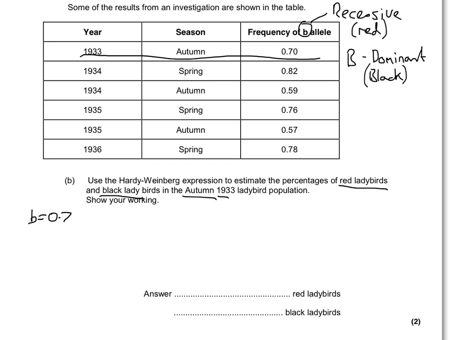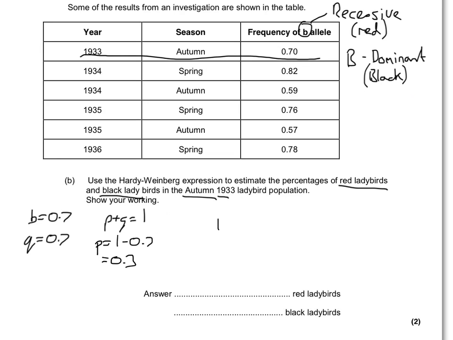That must be q, equal to 0.7, which means using p plus q equals 1, we can then work out that p is equal to 1 minus 0.7, which is 0.3.